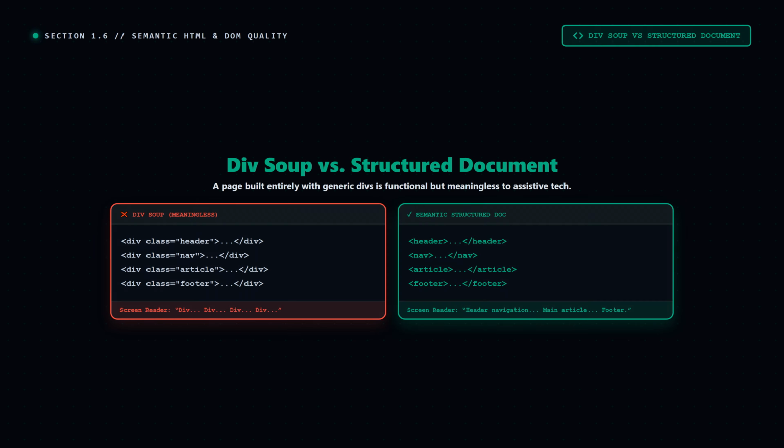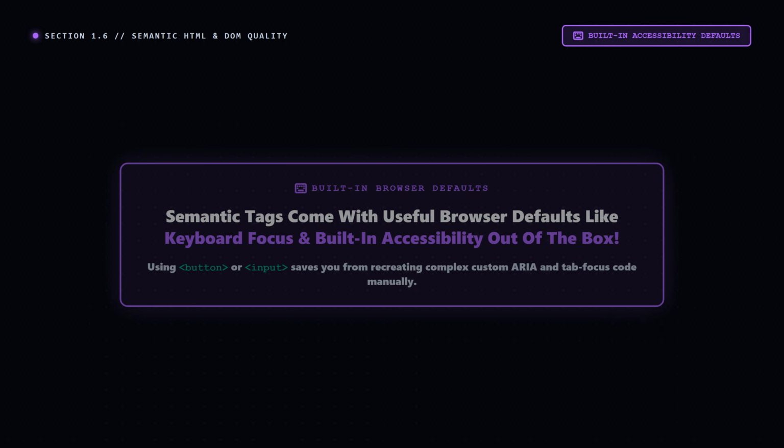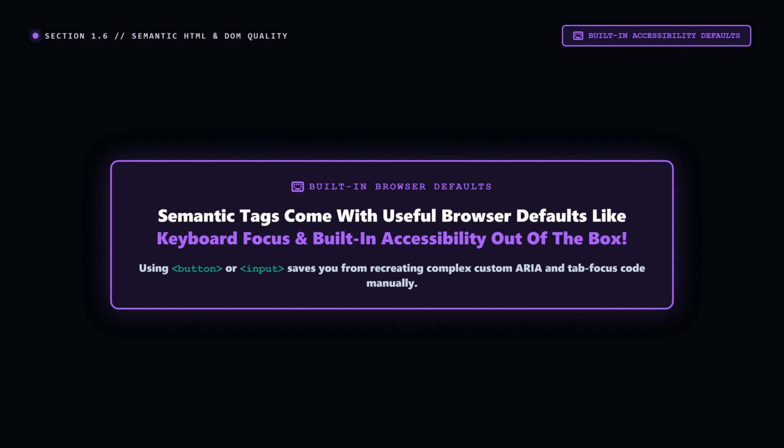A page built entirely with div elements is a div soup, functional but meaningless. A page built with proper semantic elements is a structured document. CSS works beautifully with both, but your future self and anyone relying on assistive technology will thank you for choosing semantics. Plus, many semantic elements come with useful browser defaults like keyboard accessibility that you would otherwise have to recreate.